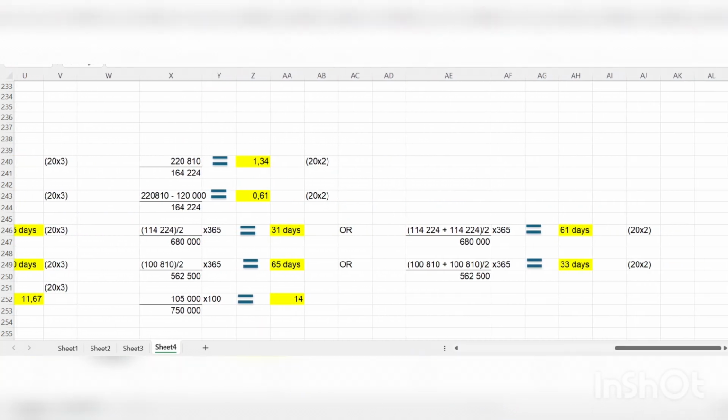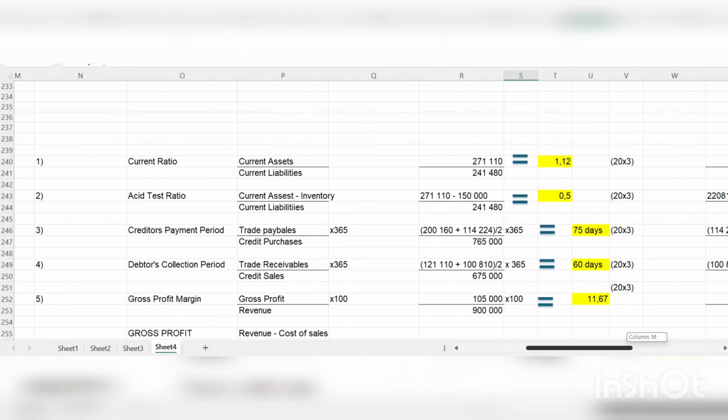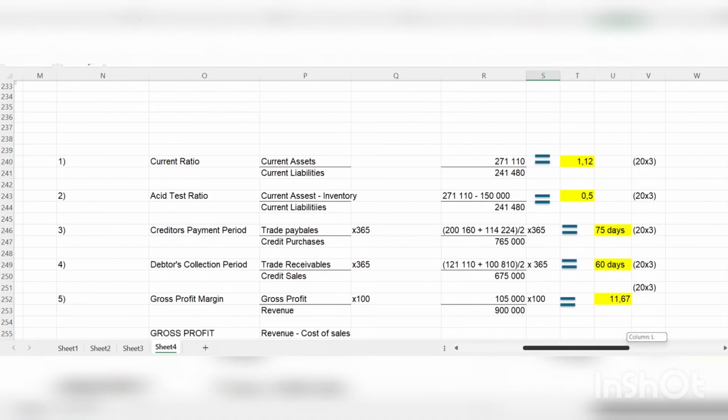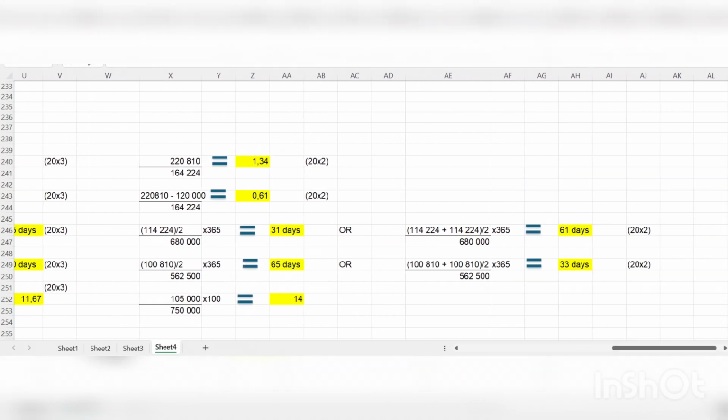And so you'll find here for the creditors and debtors, I've used the average. Why? Because I do believe Sir did mention to use 0, but in some of the examples that I have seen, they just use the same value because we don't know what's coming afterwards.